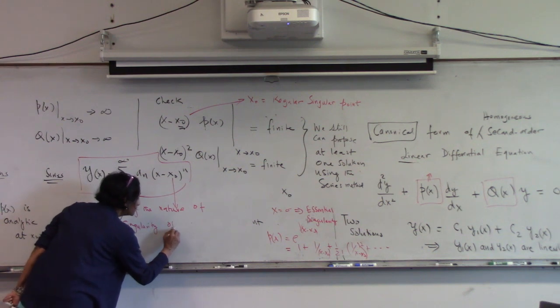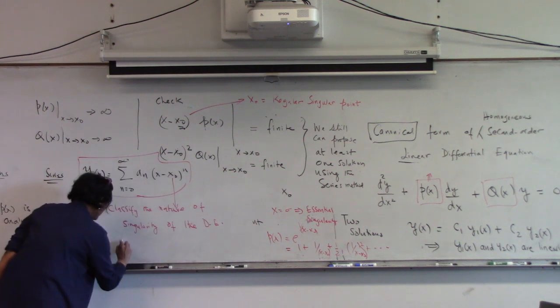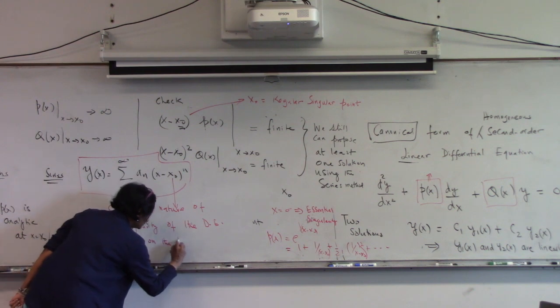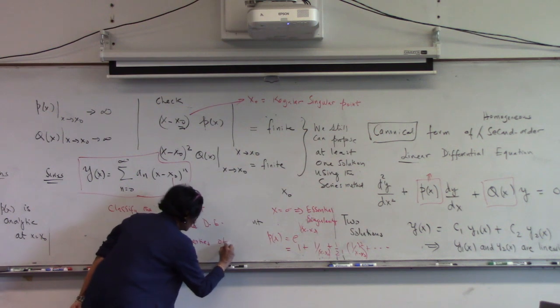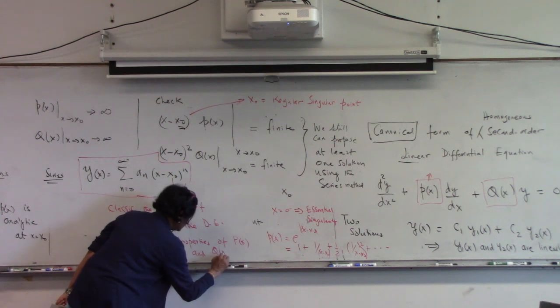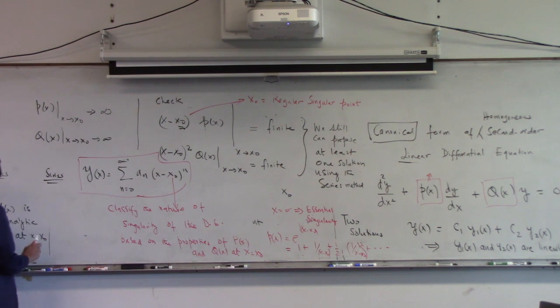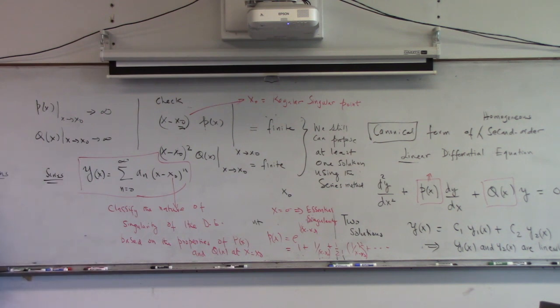of the differential equation. There are basically only three types of singularities that we are trying to talk about. X naught could be no singularity, meaning an ordinary point.